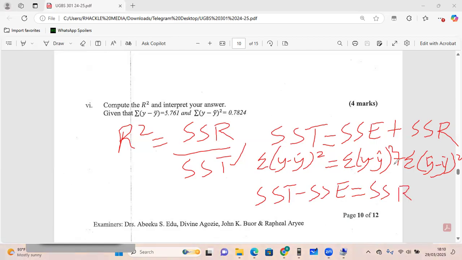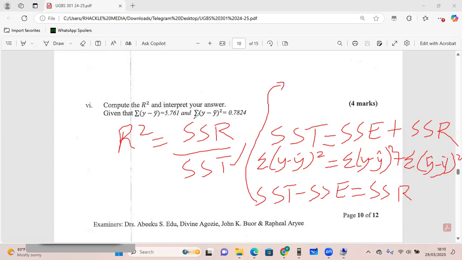But they only gave you SSE, they didn't give you SSR, so you have to subtract and then get SSR. So now SST is going to give you, I'm continuing from the top here, I'm doing it on the paper. So SST is going to be what?